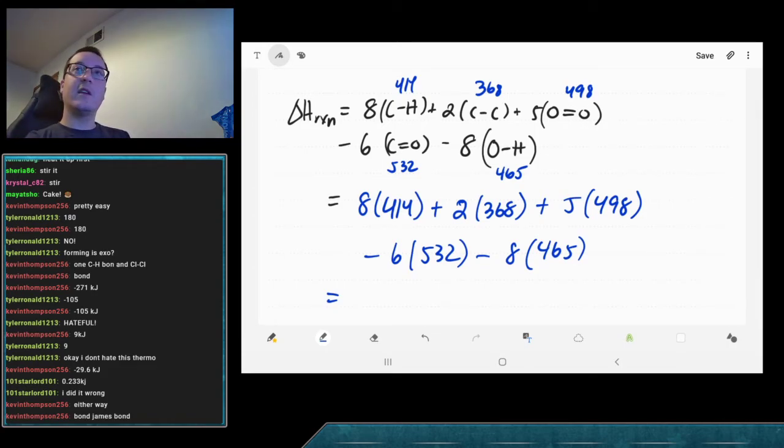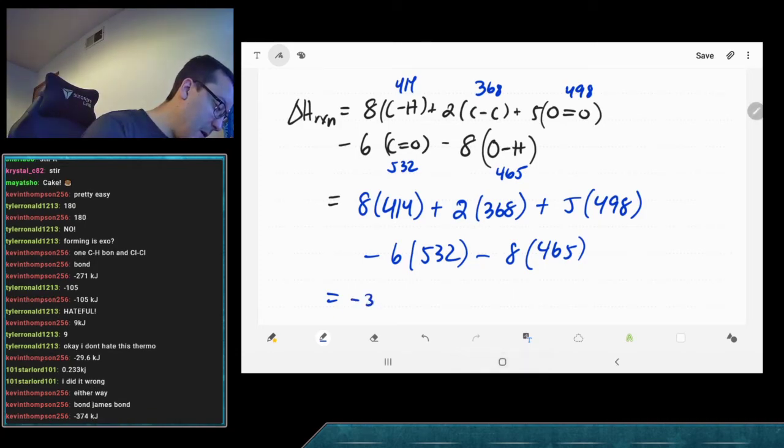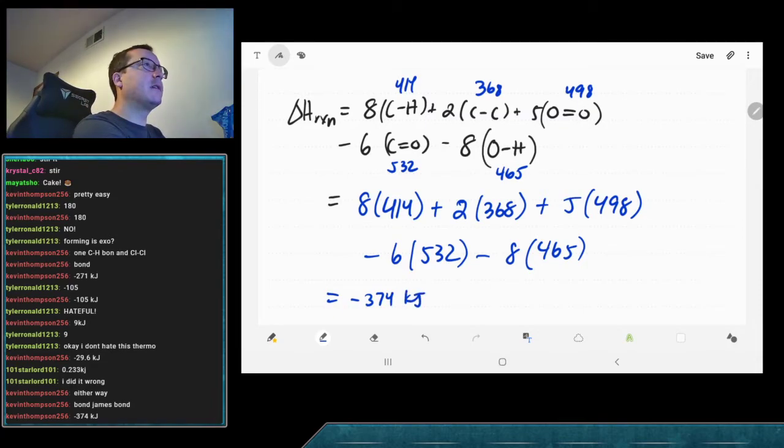So while Kevin is doing that, and he's already got our answer for us, heat of combustion of propane. Let's see, heat of combustion. Where are you hiding?